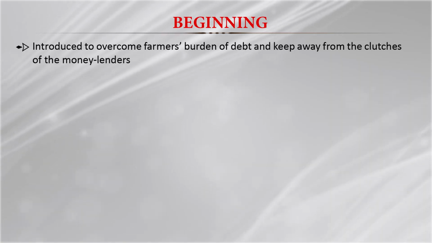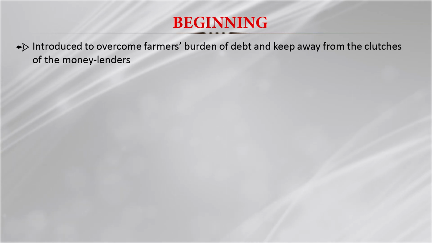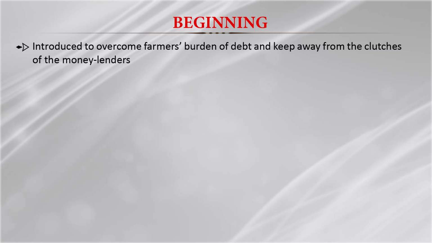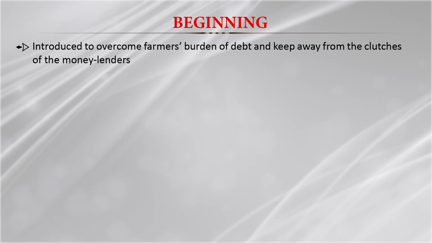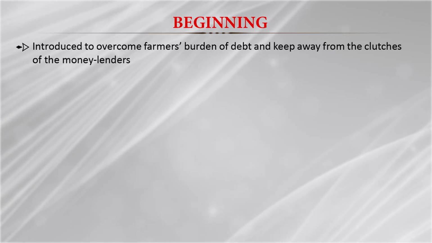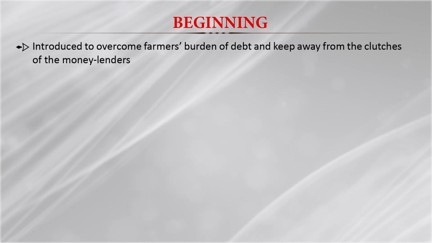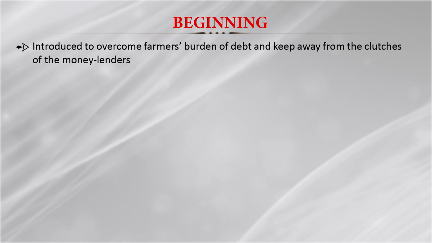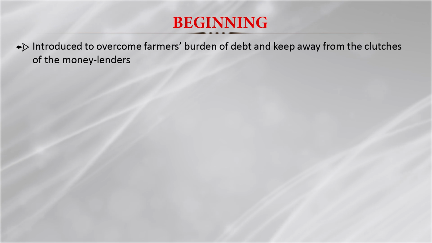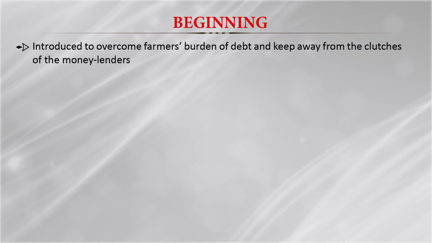This concept was very much required to overcome the farmers' burden of debt and keep them away from the clutches of the moneylenders, because there were no institutional sources available in the agriculture sector. The farmers used to go to the moneylenders and borrow money at a high rate of interest.